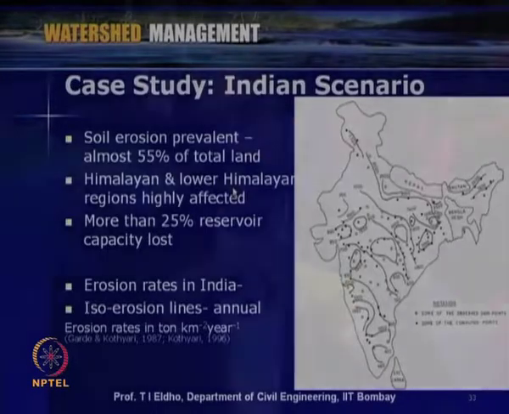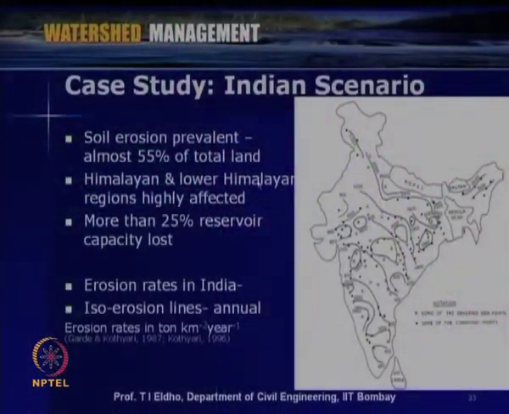Before closing today's lecture, let us have a look at the Indian scenario as far as soil erosion is concerned. In this slide, the soil erosion rates in India are shown in terms of iso-erosion lines. Soil erosion is a big problem in India.